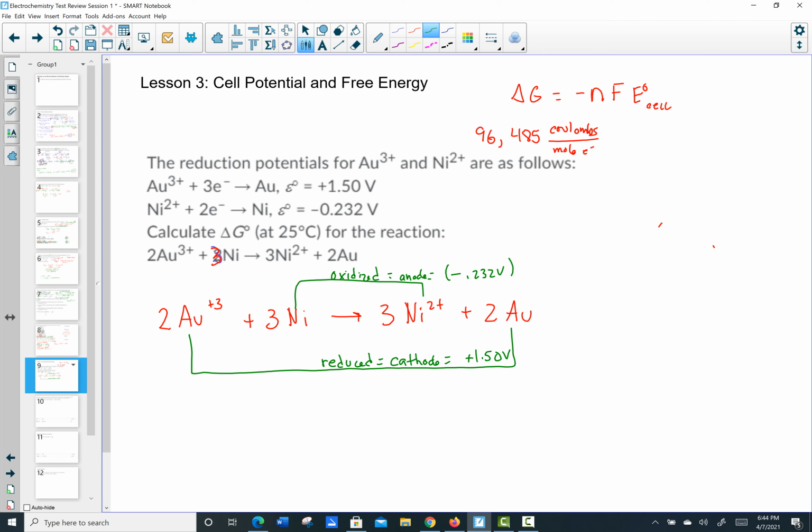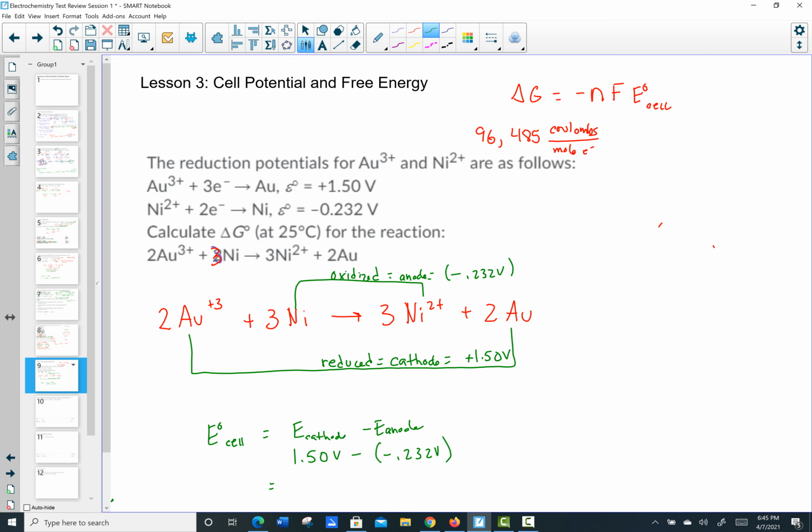Calculate delta G. One of the first things we need to do is calculate E cell. Now E cell is found by taking the cathode minus the anode, which we said the cathode had a value of 1.50 volts, and the anode had a value of negative 0.232 volts.